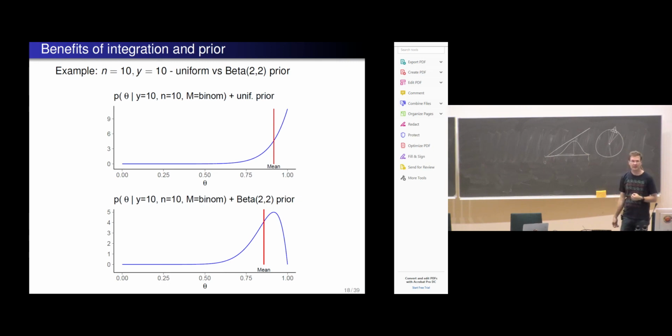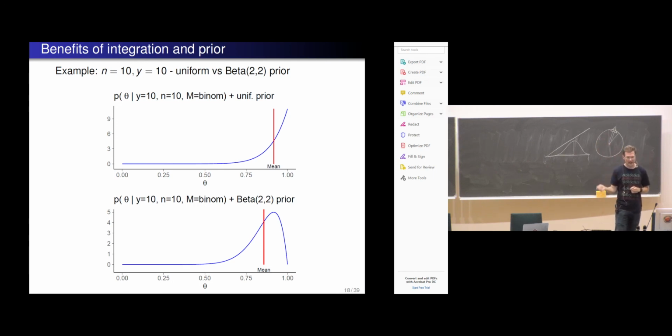So adding even that weak prior is regularizing it away from 1, and of course it would regularize it away from 0, too. But you can see also that when we integrate, the mean changes less than the mode.